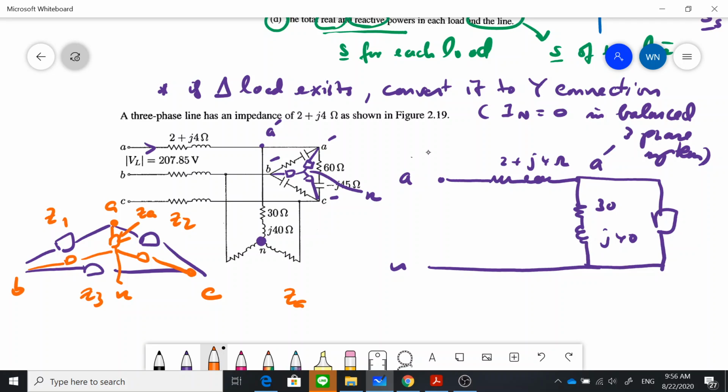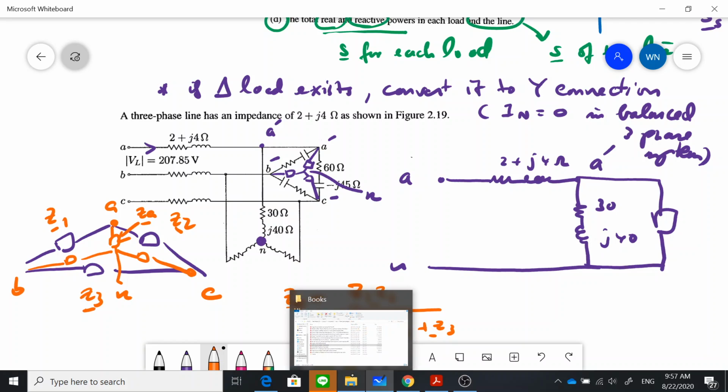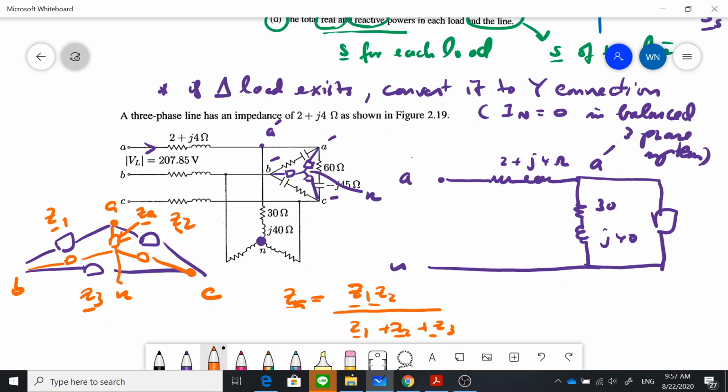So the ZA here is the multiplication between Z1 and Z2, oh sorry, it should be Z1, Z2, divided by the sum Z1 plus Z2 plus Z3. So the ZA is in between these two, Z1 and Z2, in the delta connection.